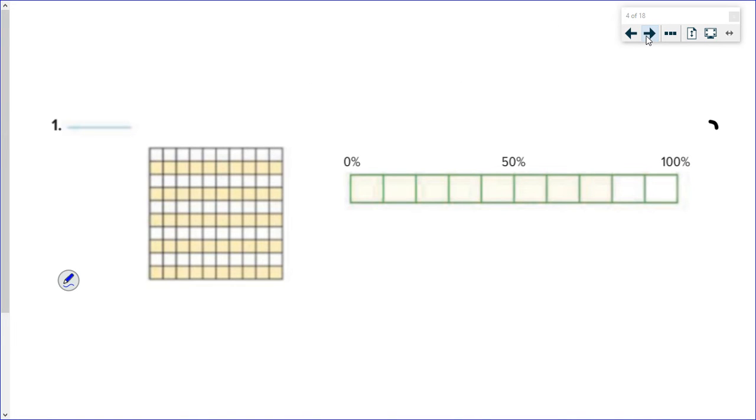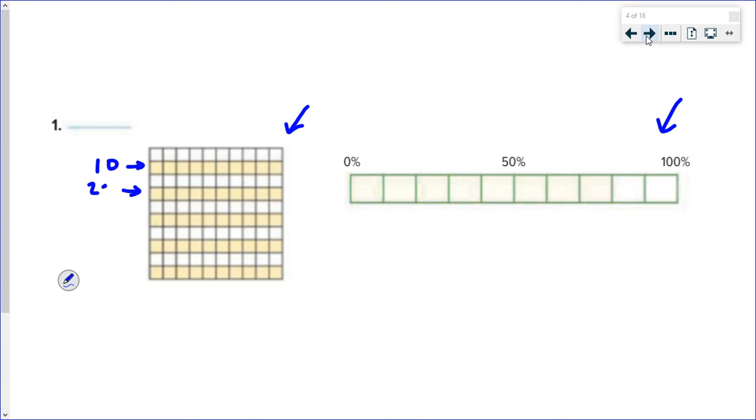All right, so if I were to get something like this, I want to figure out the percentage using a 10 by 10 grid, or I want to find the percentage using a bar graph, or bar diagram. So this is pretty easy right here. If I'm looking at this first one, I know that this is a full row. And in a full row, if they're all shaded, that means that there's 10. This is a 10 by 10.